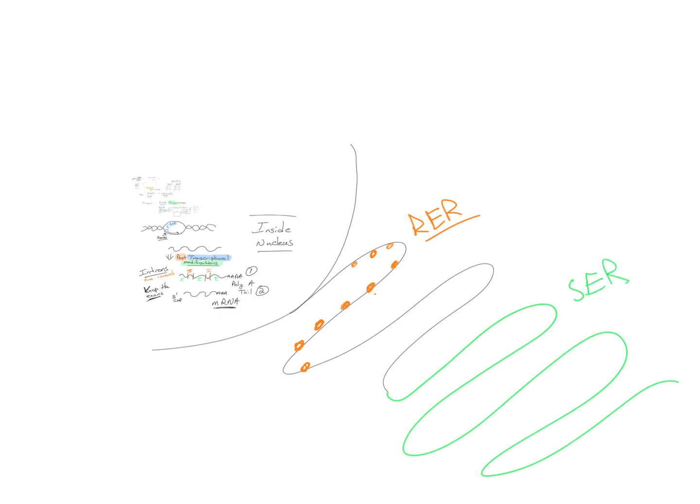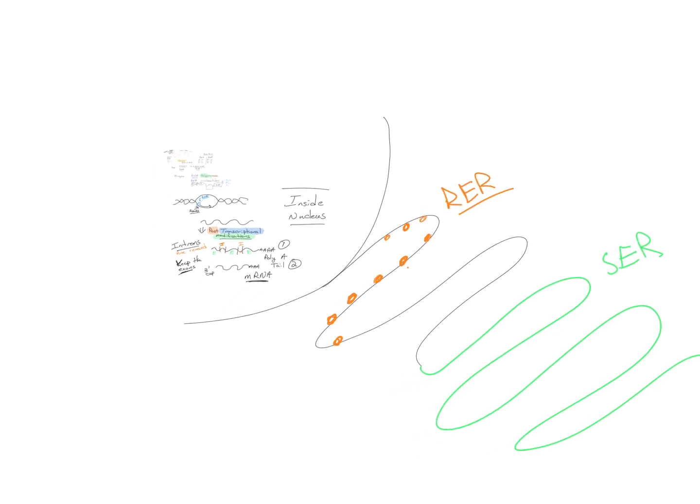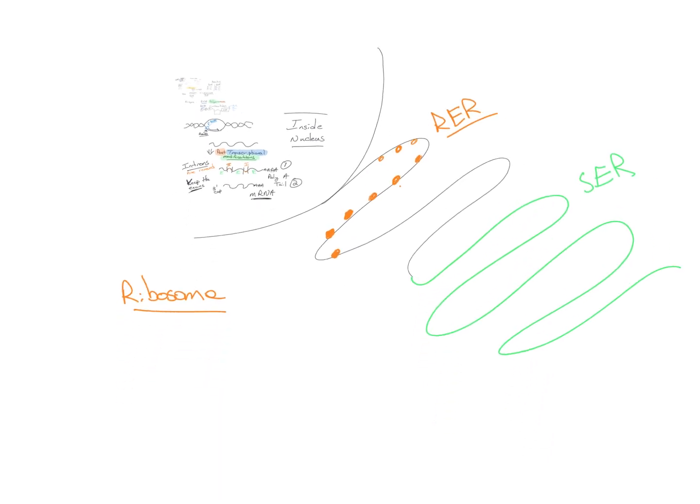Ribosomes are involved in what? What do ribosomes do? They make the proteins. So a ribosome, everyone should know, is actually made of RNA. It's not a protein. It is made of RNA. So you have two parts. You have a large bit and a small bit.